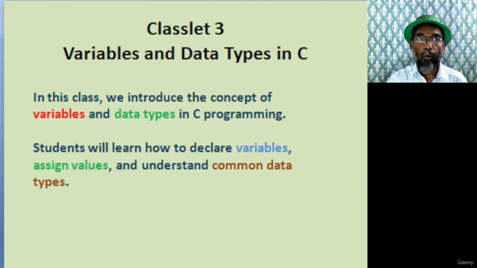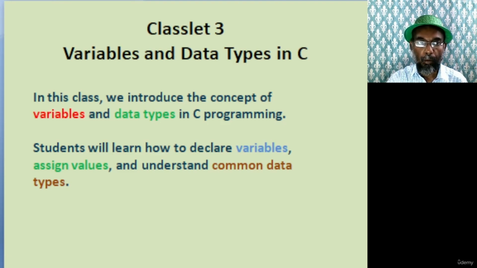So far you have learned how a C program is structured. Today we go one step deeper into the heart of any program: variables and data types. Think of variables like boxes where you store values, numbers, letters, anything a computer must remember.